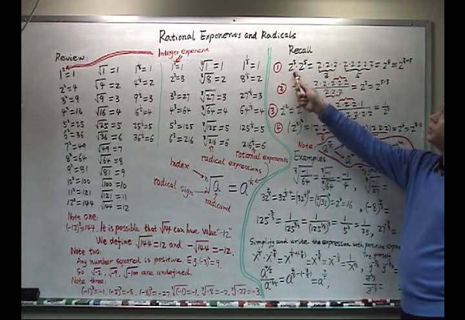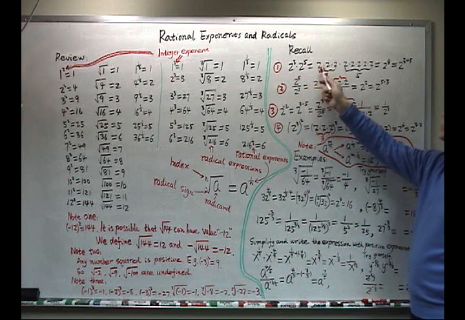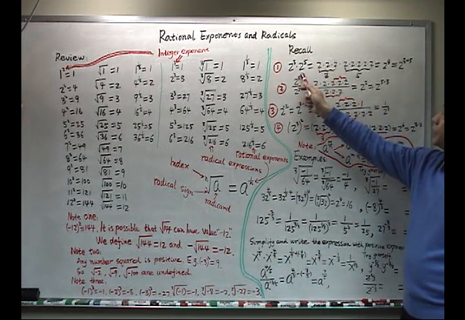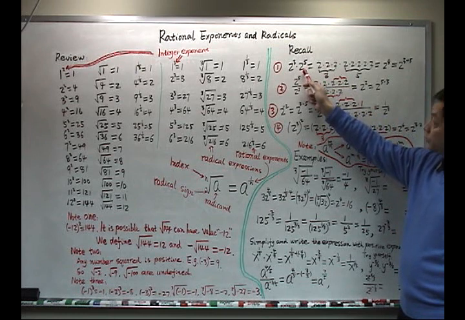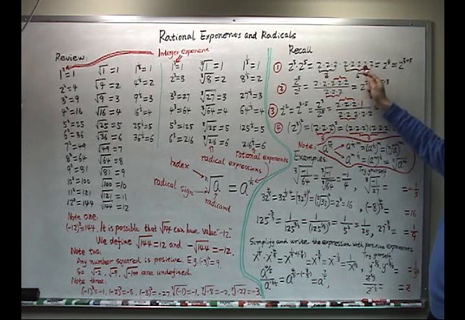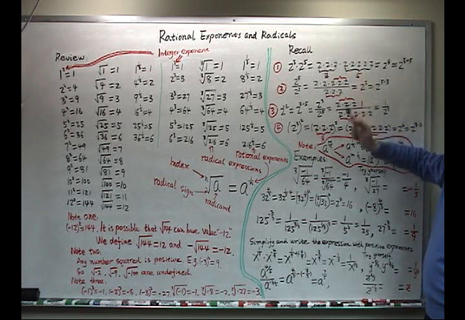Now, let's recall some things we learned before. We know 2 cubed is 2 times 2 times 2. And 2 to the 5th is 2, 2, 2, 2, 2, 5 times.